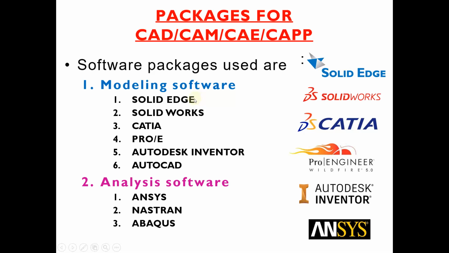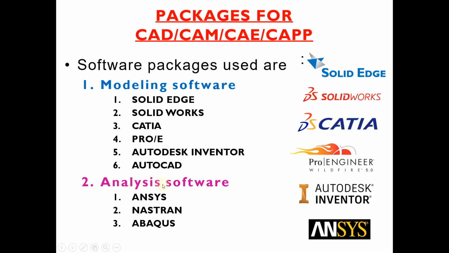If we purchase a 30 user license and the 31st user tries to use the software, then it will show an error and it will not open. So all the softwares come with a definite number of user licenses, 10 or 20 or 50 or 100 licenses. Depending on the number of user licenses, the cost will also increase. So that is the licensed softwares.